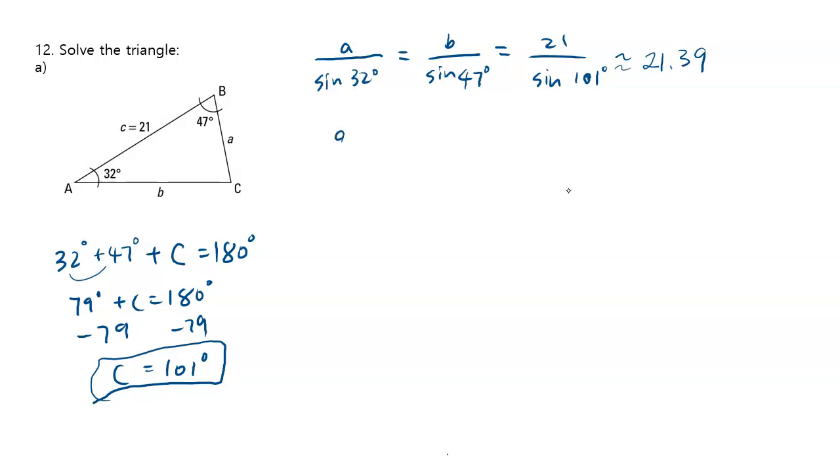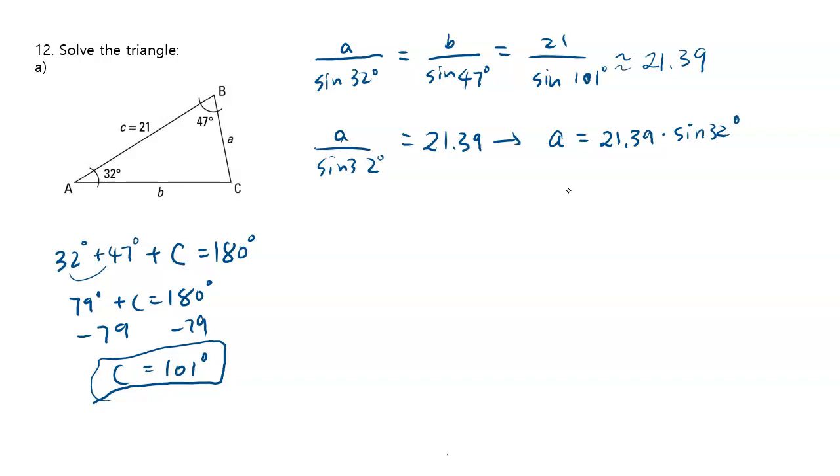Okay, and then a over sine 32 degrees is 21.39. So that means if I multiply sine 32 on both sides, I get 21.39 times sine 32 degrees.